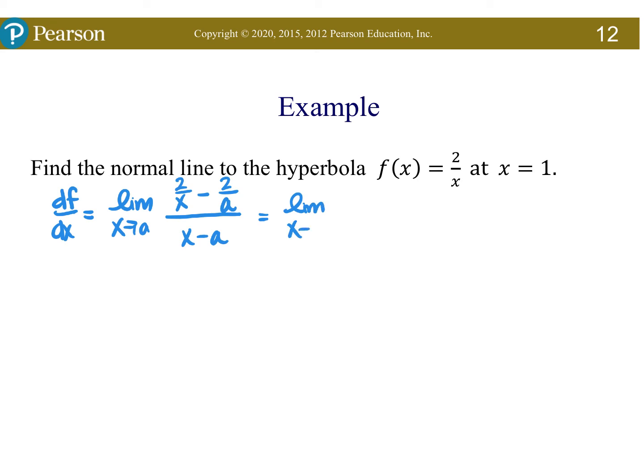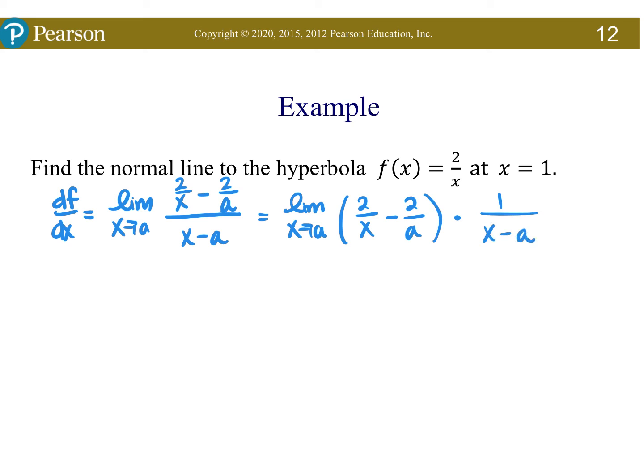Because it has multiple fractions in it, think of it as 2 over x minus 2 over a. Instead of dividing by x minus a, let's do what instead? Multiply by the reciprocal of x minus a.